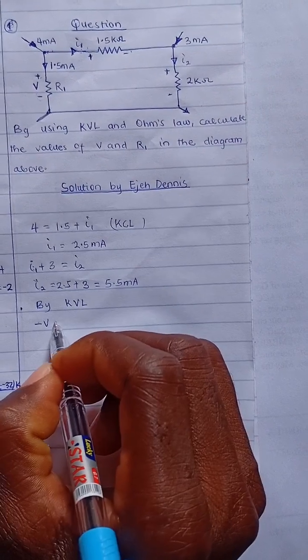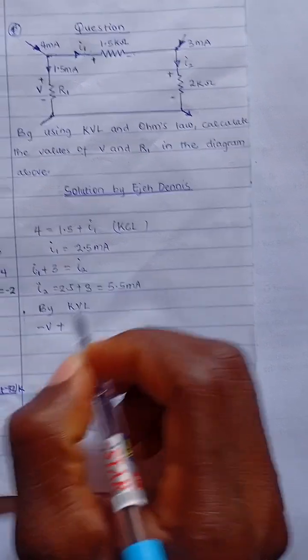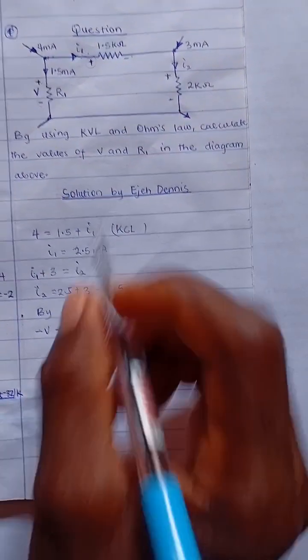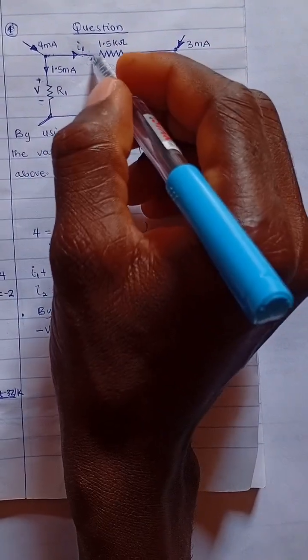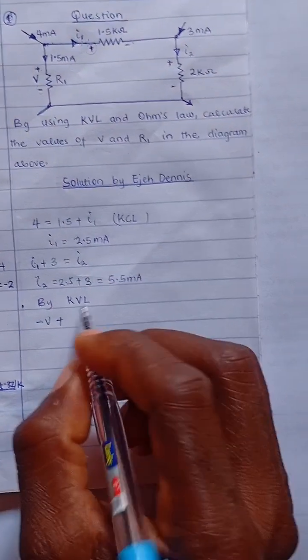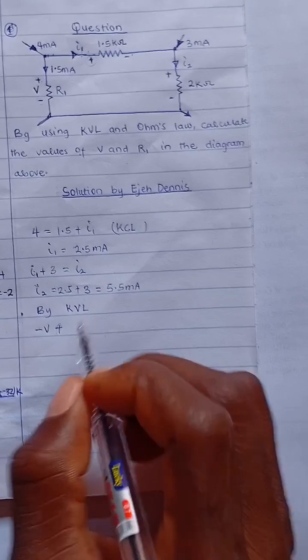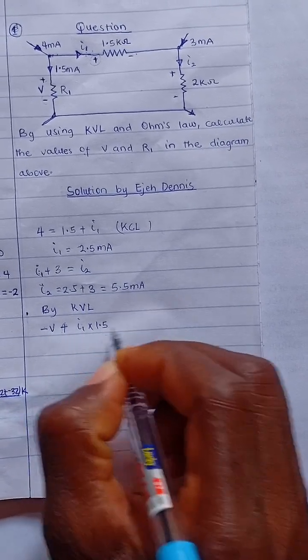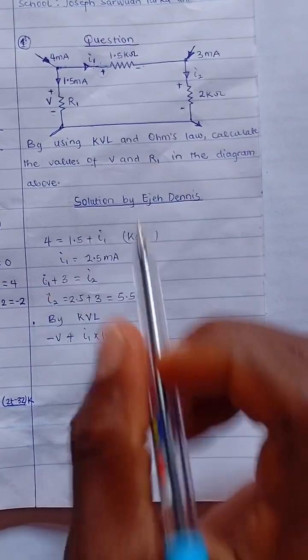It's going to be plus, because we entered through the positive polarity. The first thing encountered is the positive voltage, so that's why we have this plus. So that will be I1 times 1.5 kilo ohms. I will comment on this unit later on.